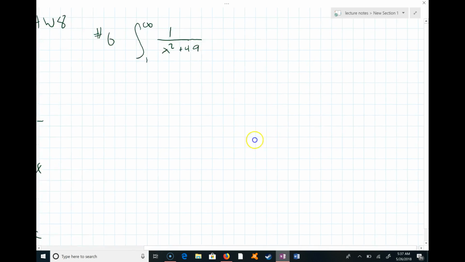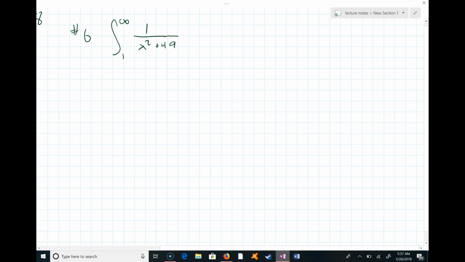Number 6 also reminds me of arctan. So we know the derivative of arctan is 1 over x squared plus 1. So we need to factor out that 49. I'd put 1/49 out here.